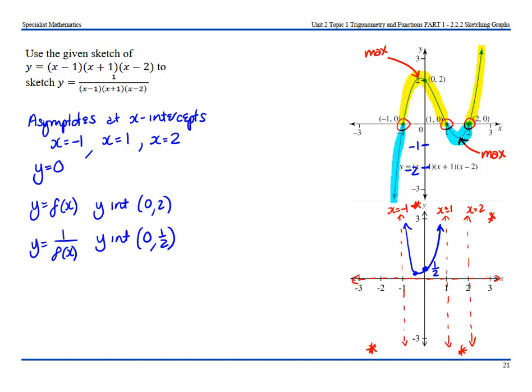So this max, okay, that's a minimum turning point. So this minimum turning point has to become a maximum, but it needs to be at a lower point because this is a fraction. So let's put it about there. Okay. Then we have this yellow section for x is greater than 2, sorry, we have from low to high.